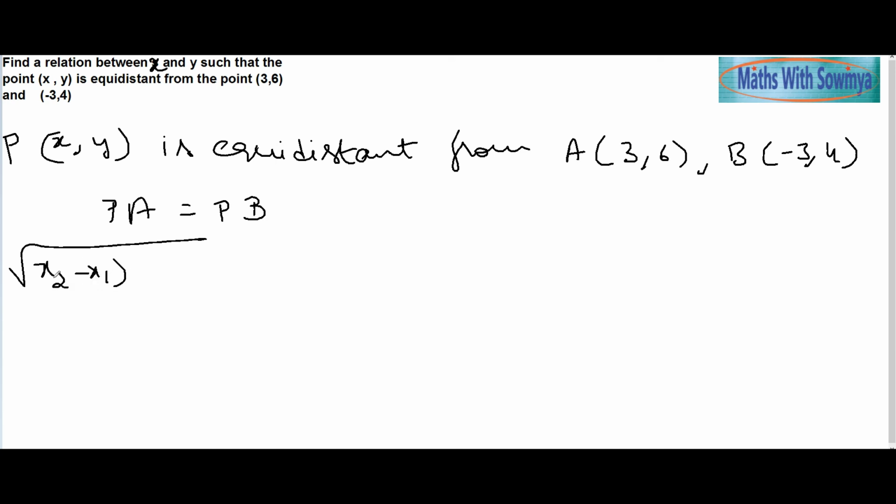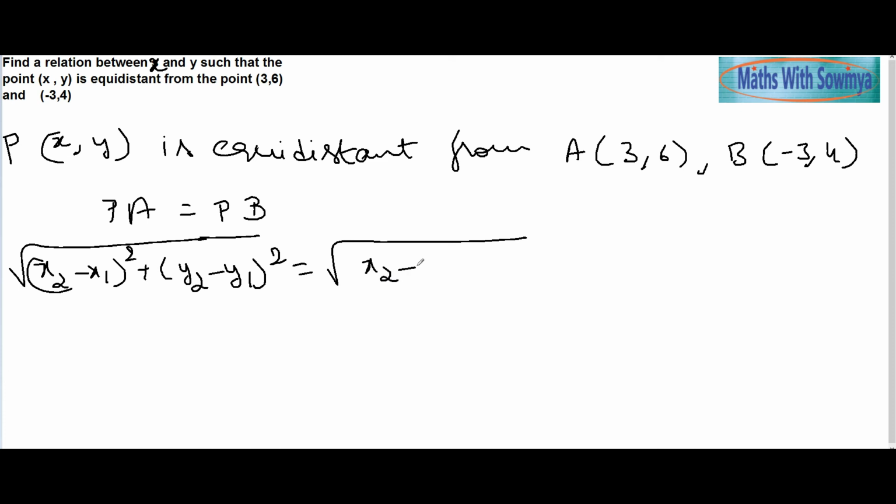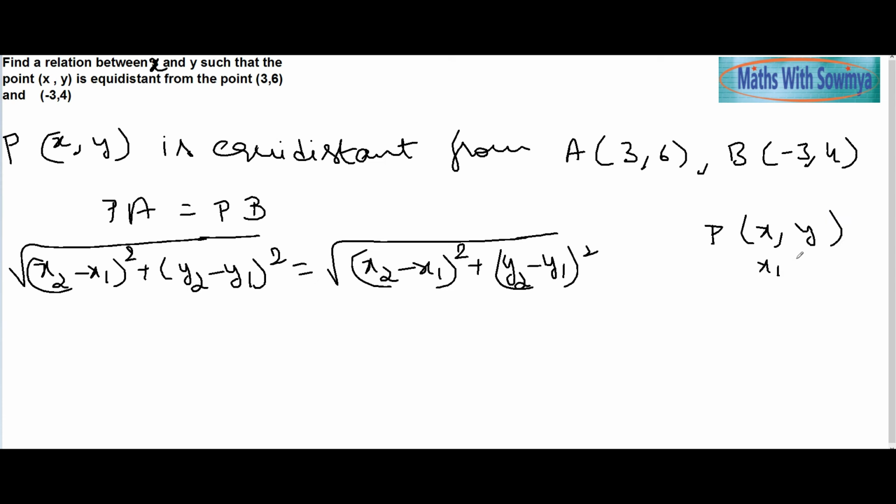The distance formula: square root of (x2 minus x1) whole square plus (y2 minus y1) whole square, for both. P (x, y) will be (x1, y1). First we go with PA, so A is (x2, y2).